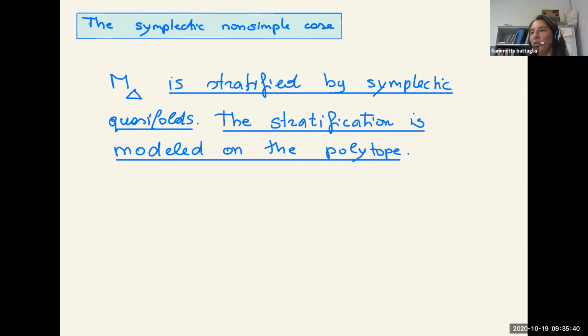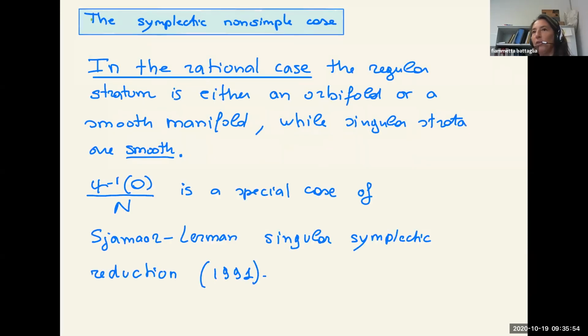So the stratification is the same. And so I will talk about it just later on. So we have this symplectic space stratified by symplectic quasifolds.